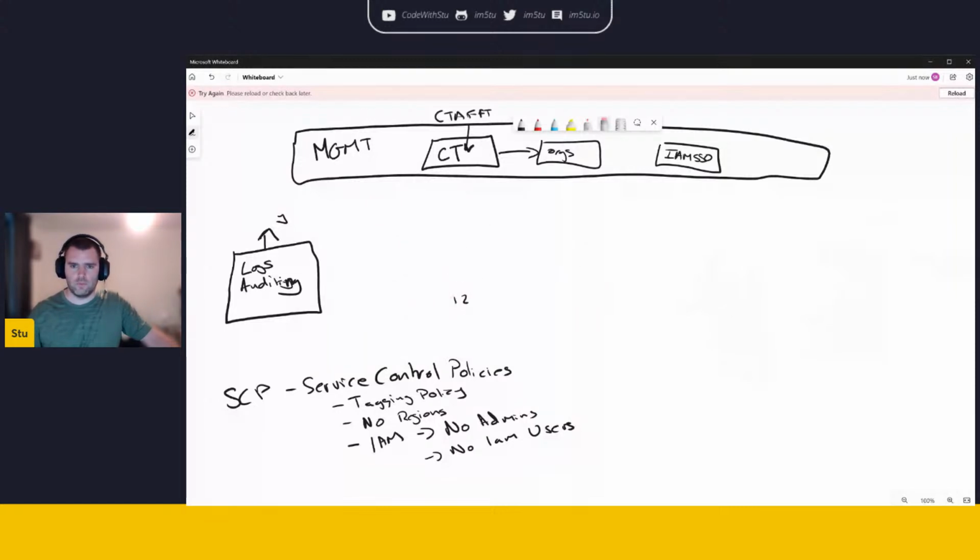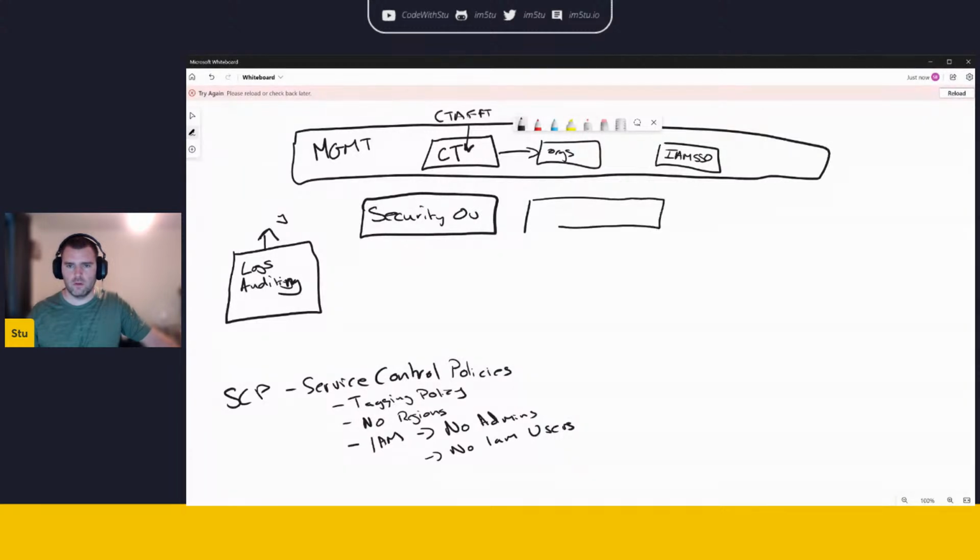So we'll now have 3 boxes. We've got a security OU. We'll have our stable OU. What I generally like to do then is have some form of experimental OU.